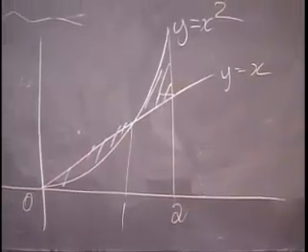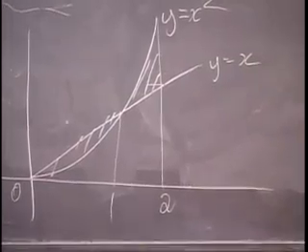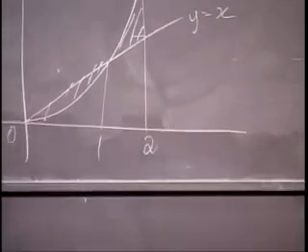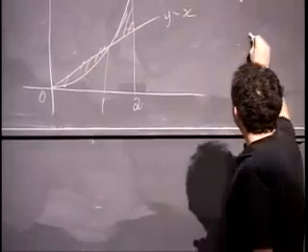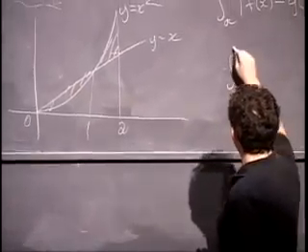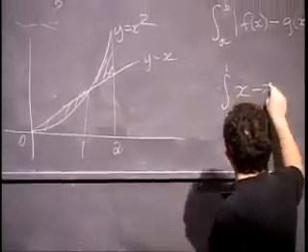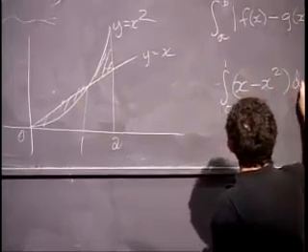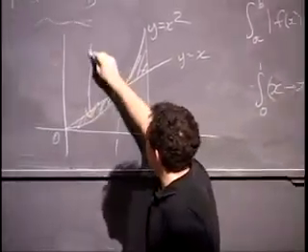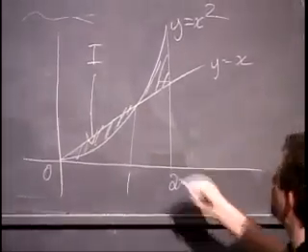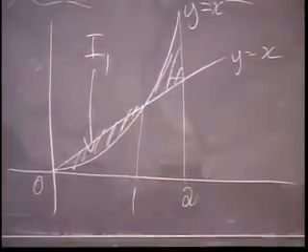What is that actual area, not signed or anything like that? Well, between here and here, I need the integral from 0 to 1 of x minus x squared dx. That will give me this integral, which I'll call I1, let's say, for integral number 1.